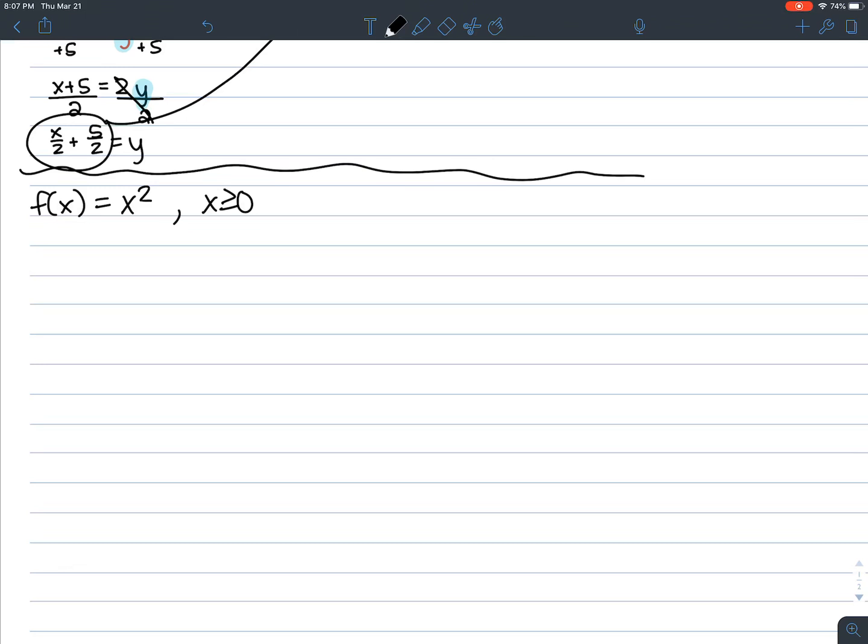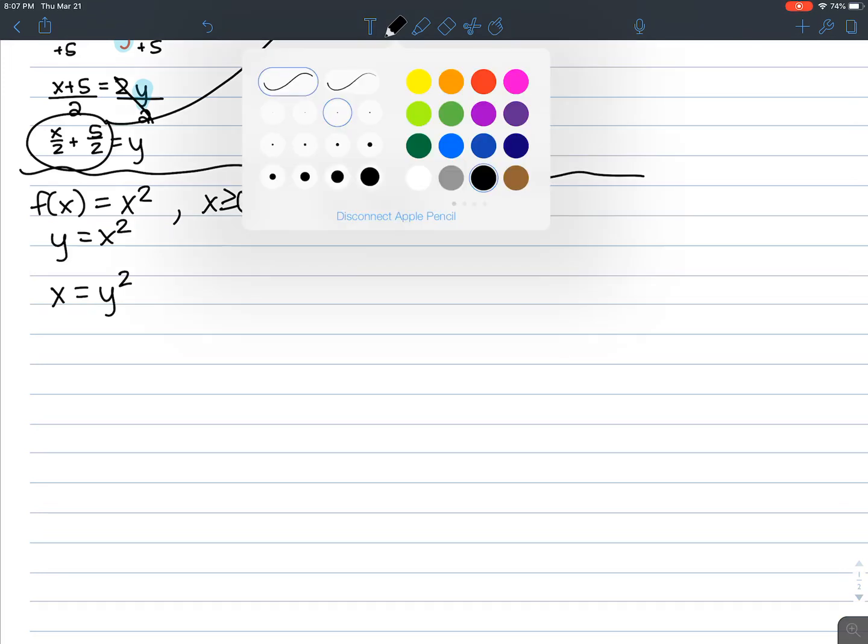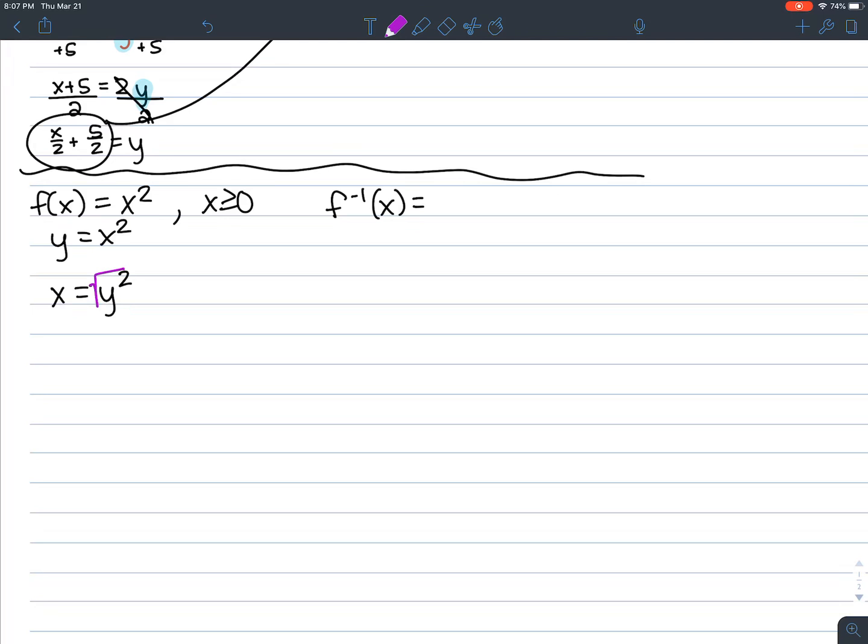Okay, so we're going to try to figure out what the inverse is. So we want to find f inverse of x, okay? So again, change that into y equals x squared, and then we're going to flip the variables so that wherever y is, there's an x, and wherever x is, there's a y, okay? And now I want to solve for y. So in order to do that, I need to square root both sides.